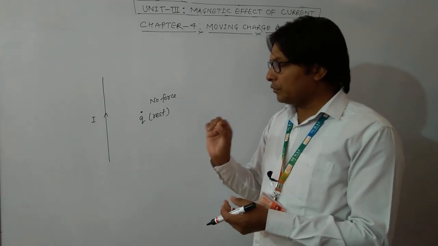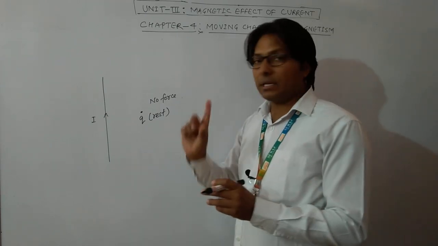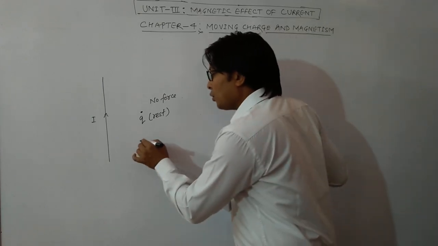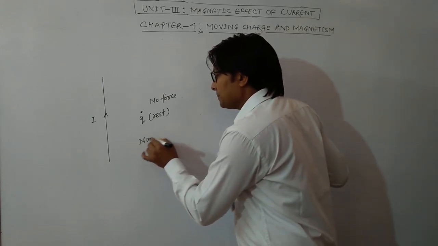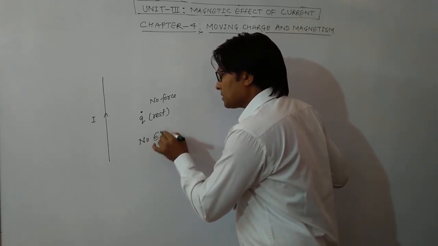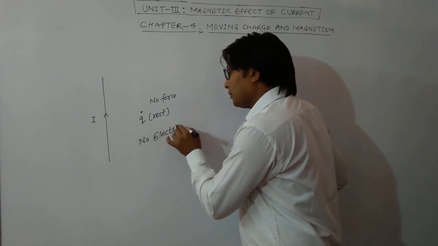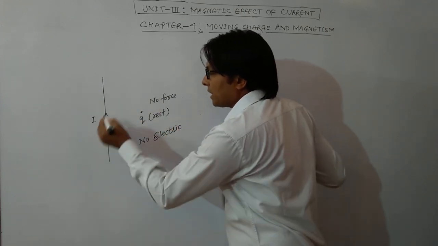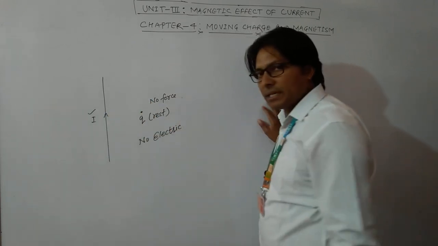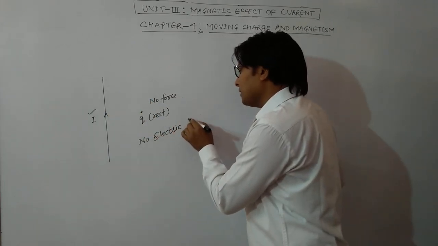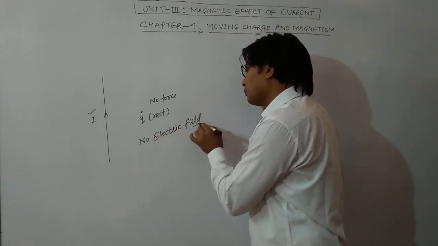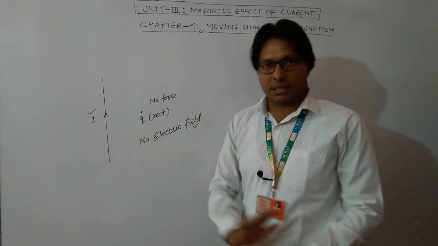Means we can say one thing very clearly, that there is no electric field here. There is no electric field due to a moving charge, or we can say due to a current carrying conductor. So no electric field, and therefore no force on this charge.